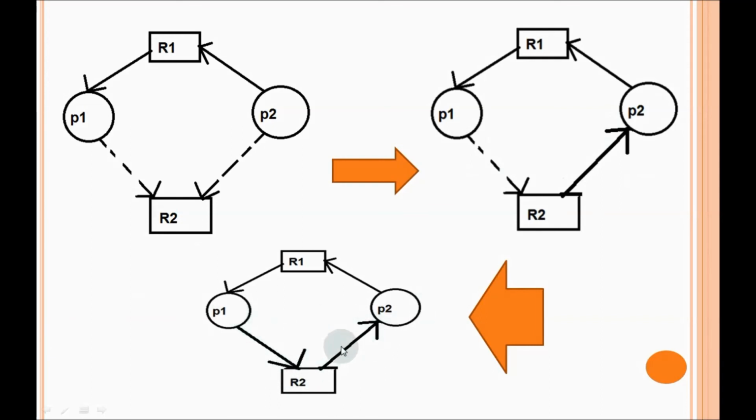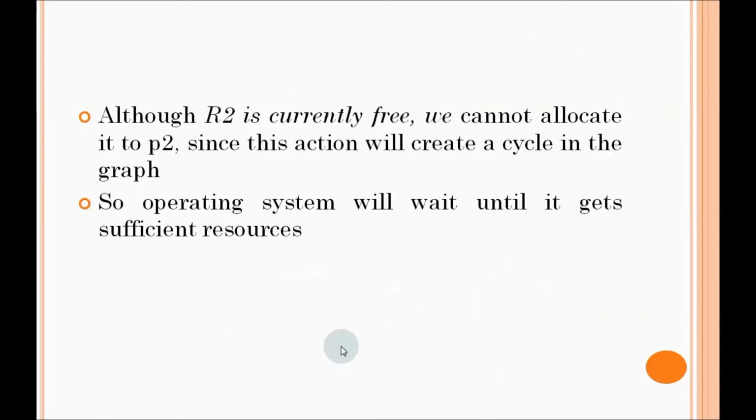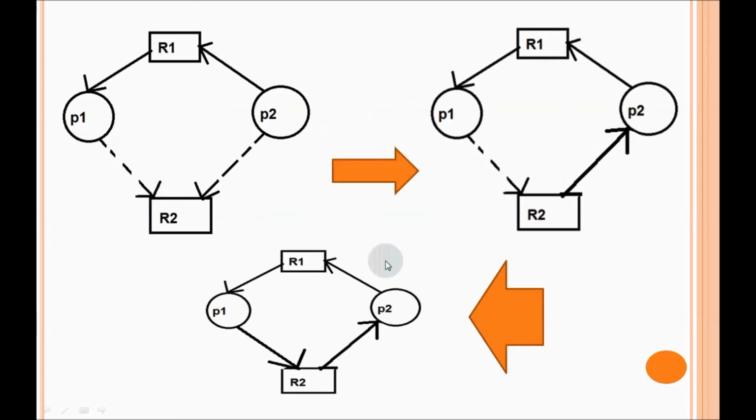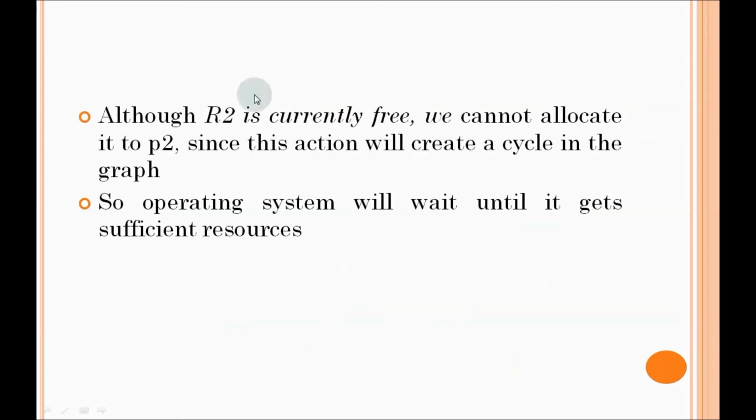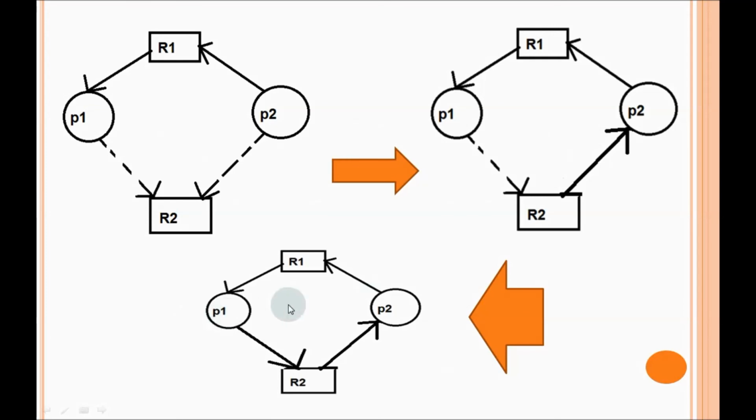Now what is the solution here? Although R2 is currently free, we cannot allocate it to P2, since the action will create a cycle in the graph. It can't do that. You have seen that. This is a cycle, so it leads to deadlock.